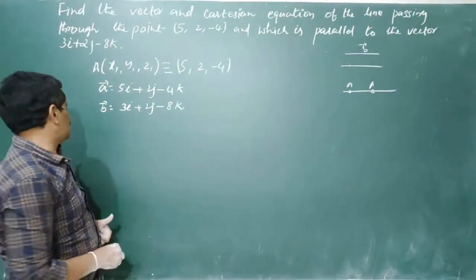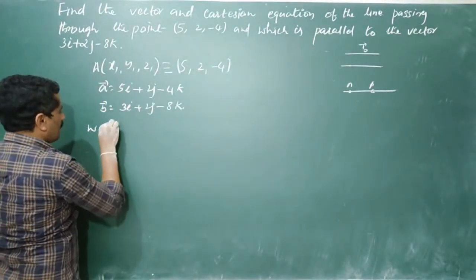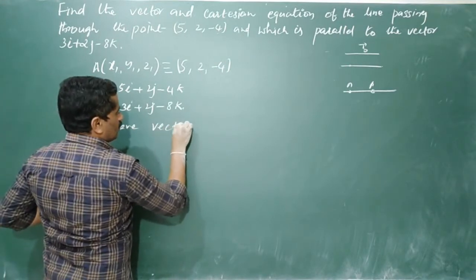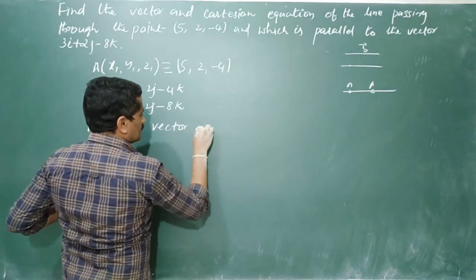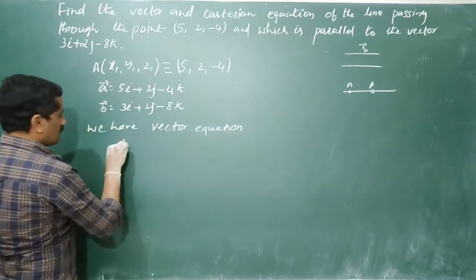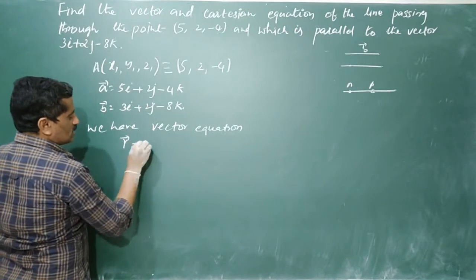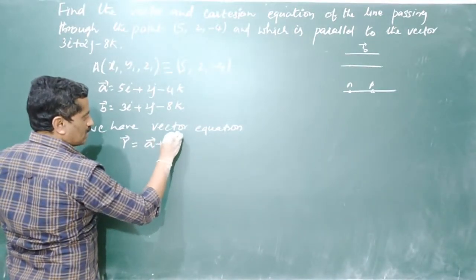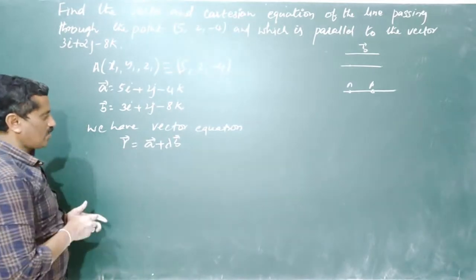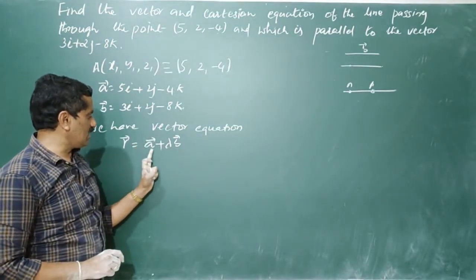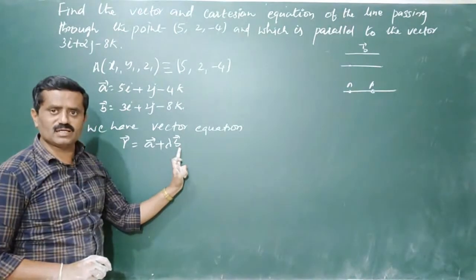We have a vector equation, that is r bar = a bar + lambda b bar. So this is the vector form of the equation of a line passing through the point a and parallel to the vector b.